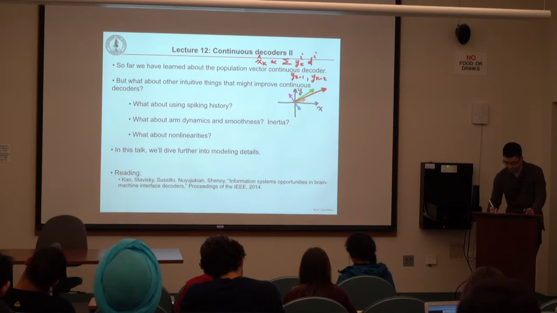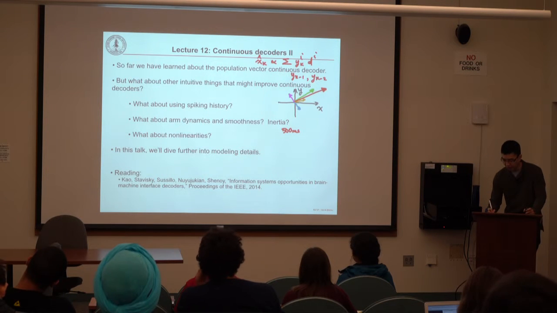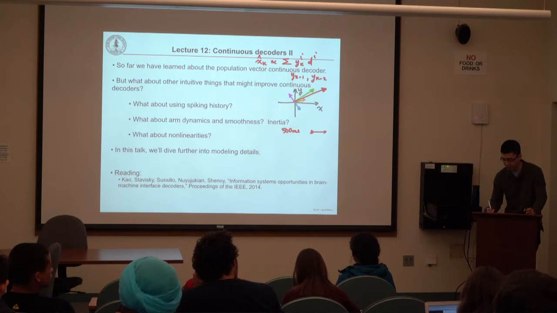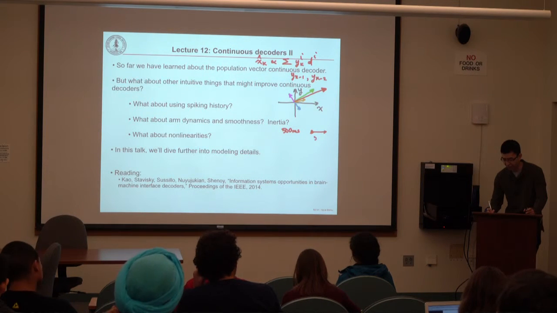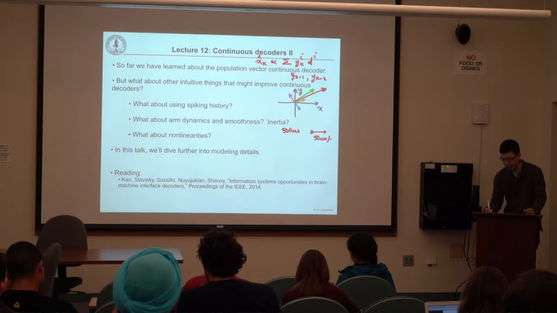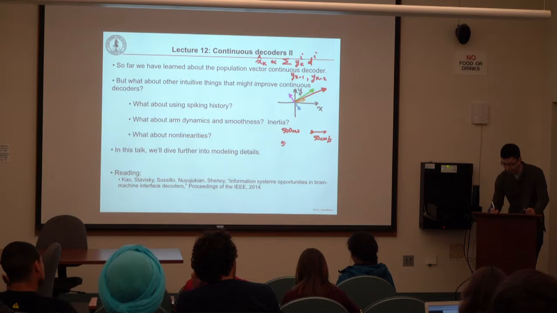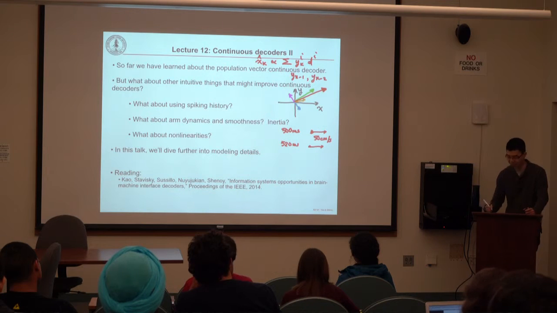Well, let's say at time 500 milliseconds, the computer cursor on the screen is moving to the right at 50 centimeters per second. There's a pretty good chance, like we just said, that at 520 milliseconds the cursor is still moving to the right, and the velocity isn't very different. Maybe it's 40 centimeters per second.